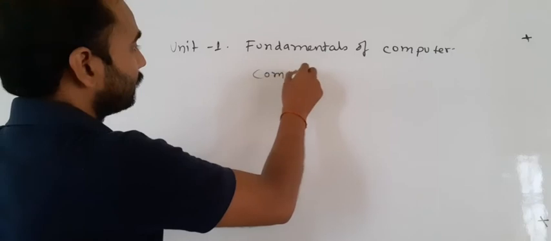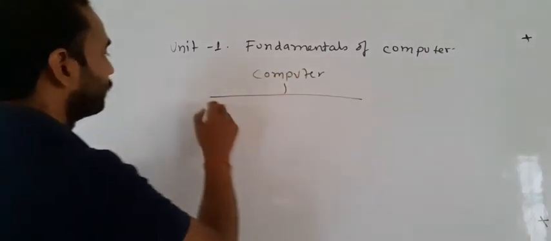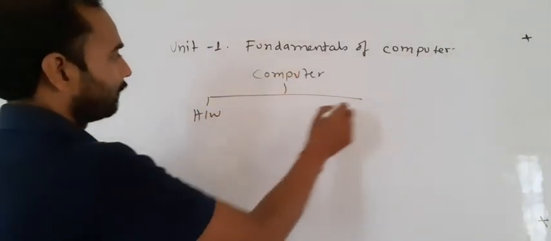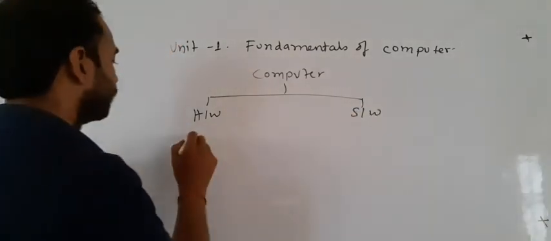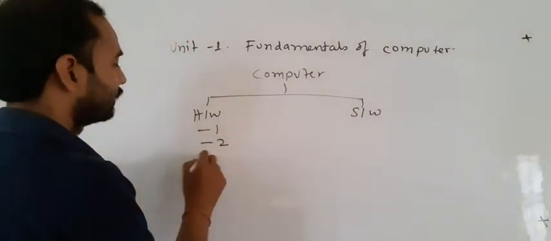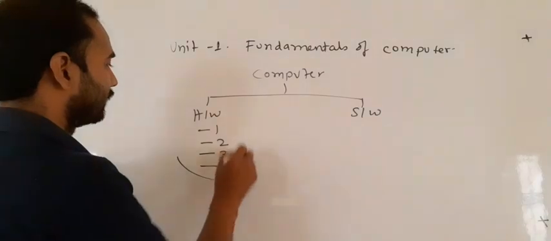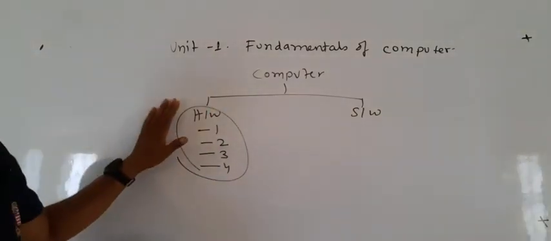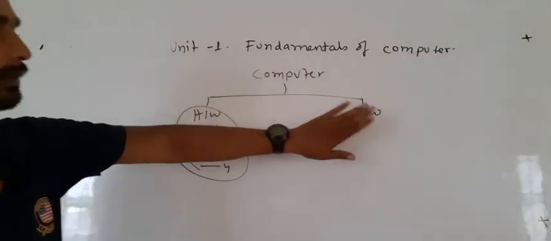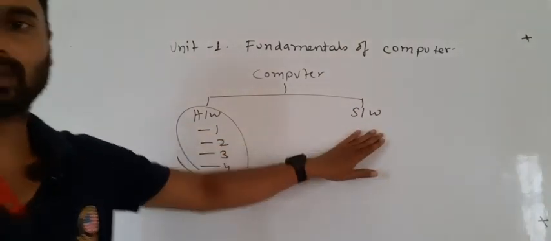On the first day I already taught you that computer is classified into hardware and software. So sessions 1, 2, 3 and 4 deal with the hardware segment. In the next class we start the software segment. Thank you.